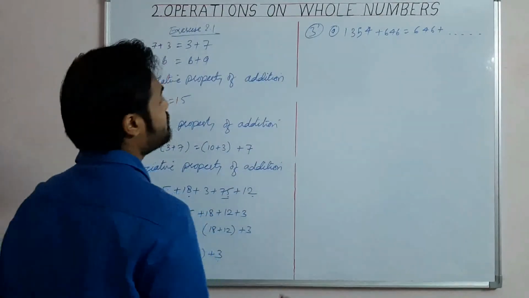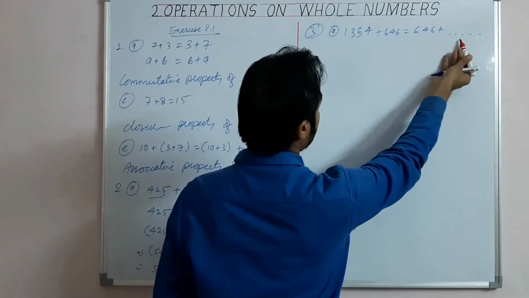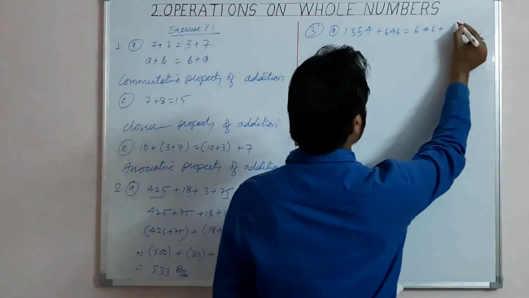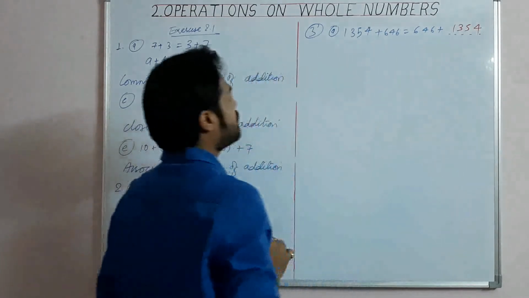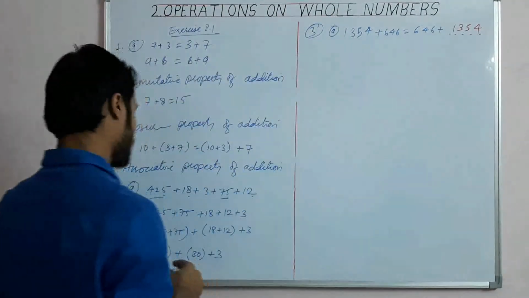So here which property is this? A plus B must be B plus A. And here the value of A is 1354. So using the commutative property, the missing number is 1354.